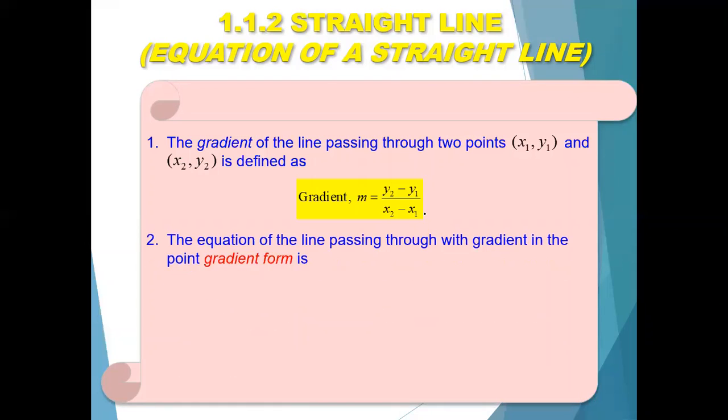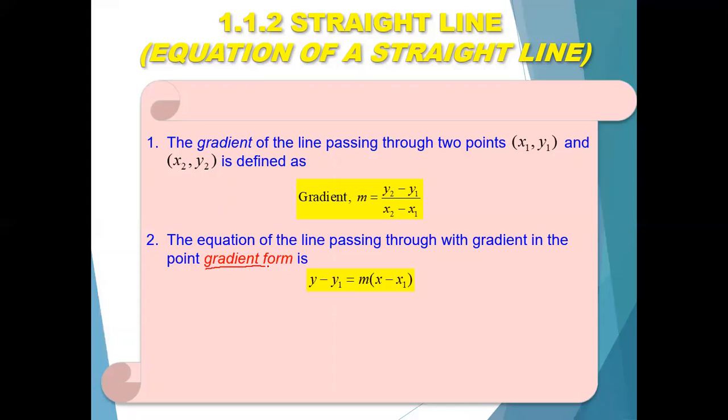Alright, so next, the equation of the line passing through a point with a given gradient, in the gradient form, is given by y minus y1 is equal to m times x minus x1. So bila masa nak guna this one, okay, we have a few types of equations of a straight line.